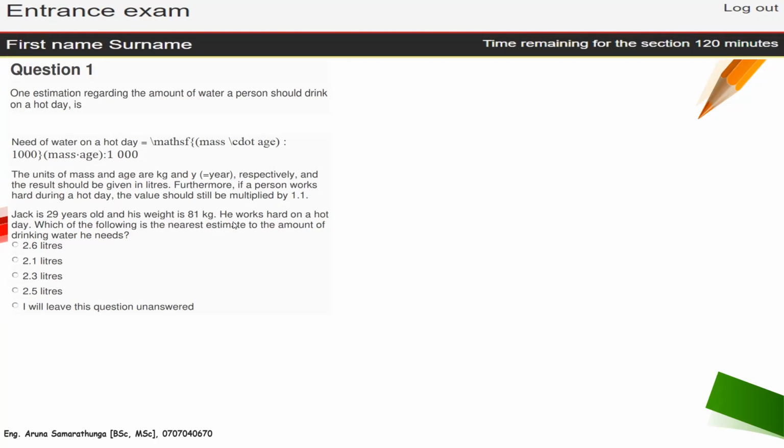He worked hard on a hot day. Now you know that we have to multiply by 1.1. Which of the following is the nearest estimate? You have to get the nearest estimate to the amount of drinking water he needs. There are four answers, so you have to know about this one. This is a very important thing.